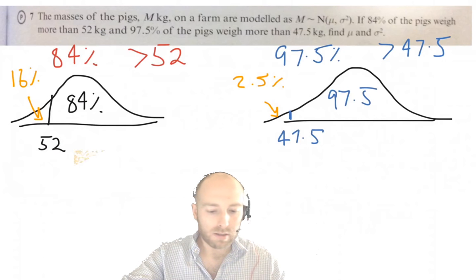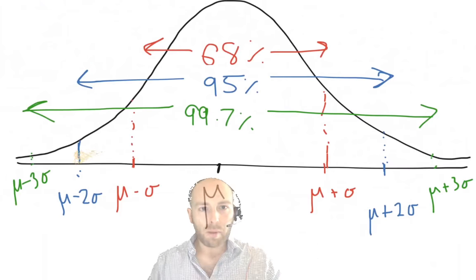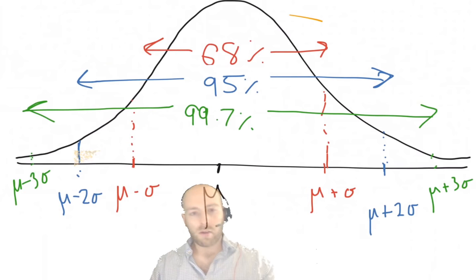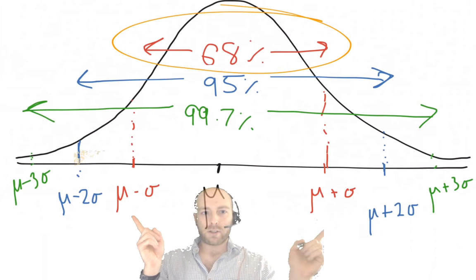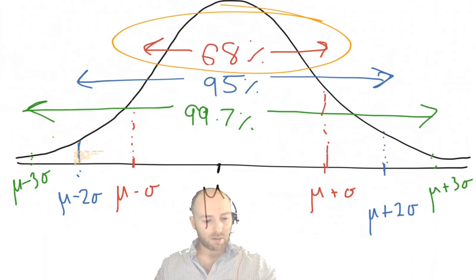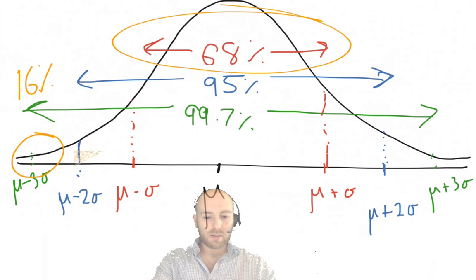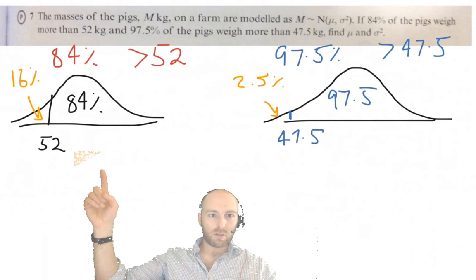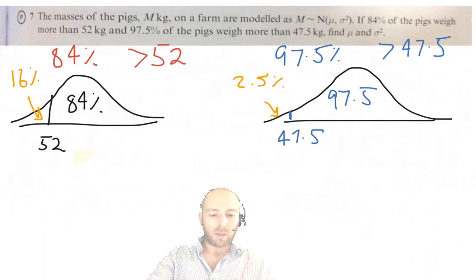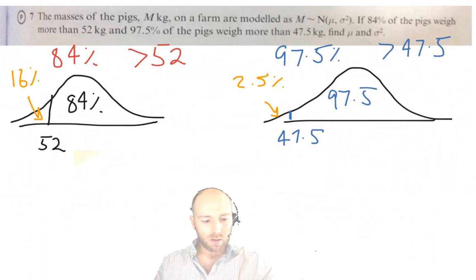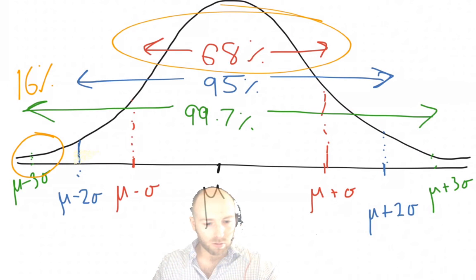So if I flick back again to the other slide, remember with 68, we had 32% split for each tail. So if you split that, you get 16% for this tail and 16% for the other tail. Well, that's the same thing we've got in our first example over here. If we go back again, I'm running out of colors here. We've got gray.